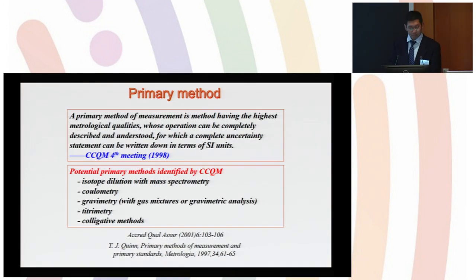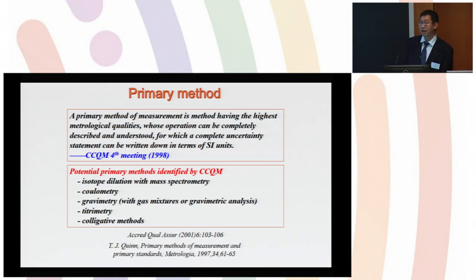In order to measure the protein amount or protein activity accurately, we need a primary method. A primary method is the method having the highest metrological qualities, whose operation can be completely described and understood, for which a complete uncertainty statement can be written down in terms of SI units.